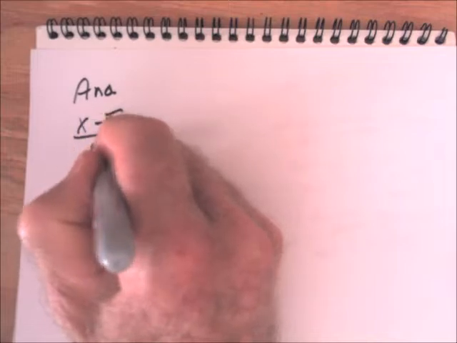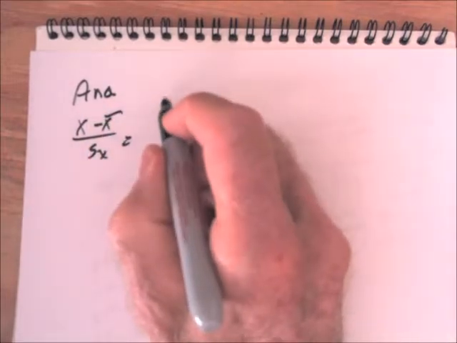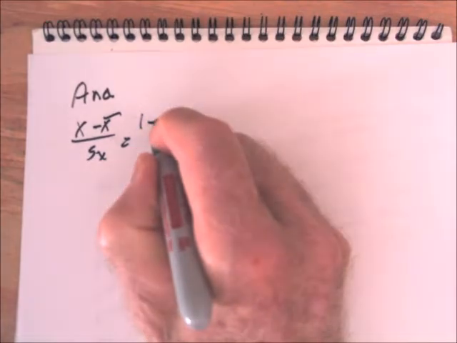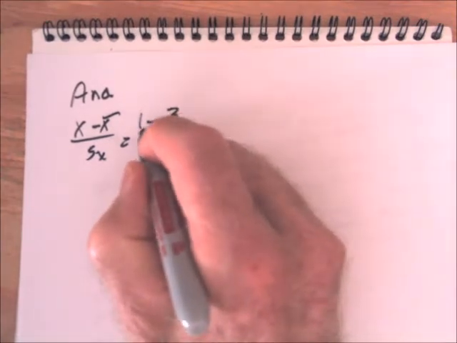So for Anna, the x z-score, we have x minus x bar over sx. Anna's x value is 1. So that's going to be 1 minus the mean for x is 3.